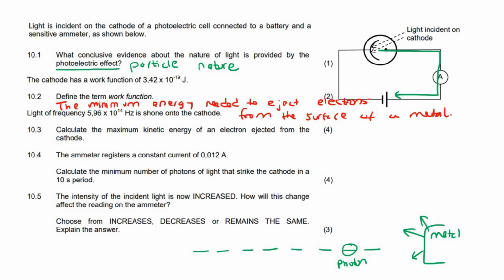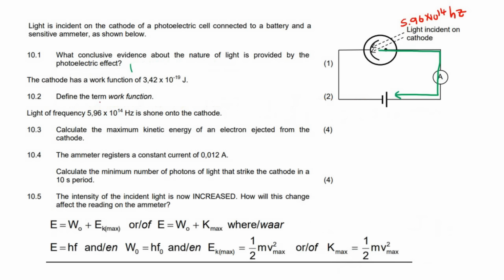Moving on, it says light of frequency 5.96 times 10 to the 14 hertz is shone onto the cathode. Calculate the maximum kinetic energy of an electron ejected from the cathode. For this chapter, we've looked at all these different formulas. We know the frequency of the light, so we can use this formula to calculate the energy of the light and put it into that formula.